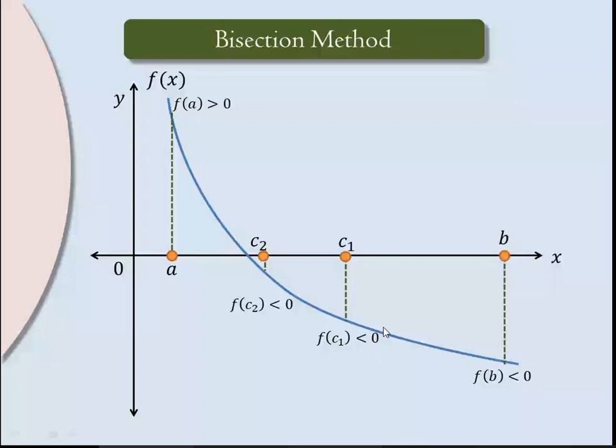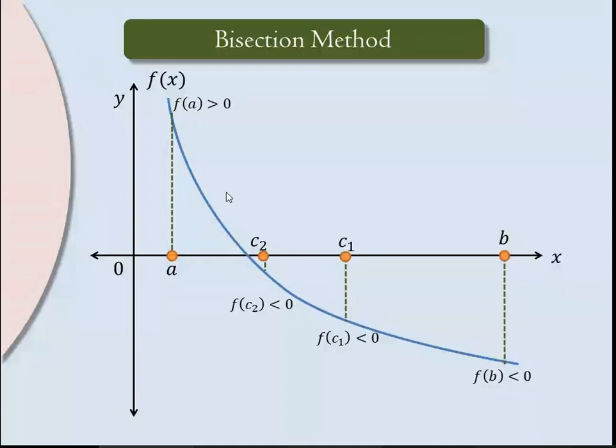This is negative, this is negative, so the product of these two is not negative. But this is negative and this is positive, so the product of these two is negative. So the new interval will be a to c2.